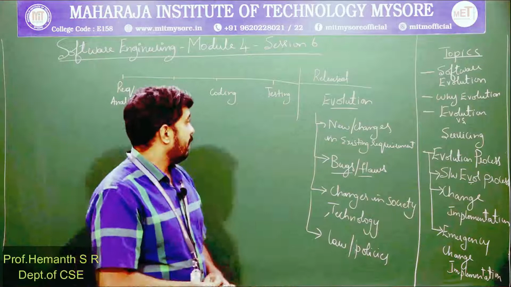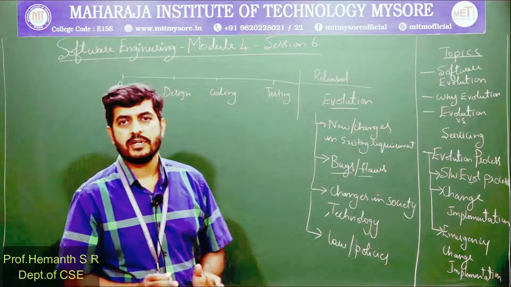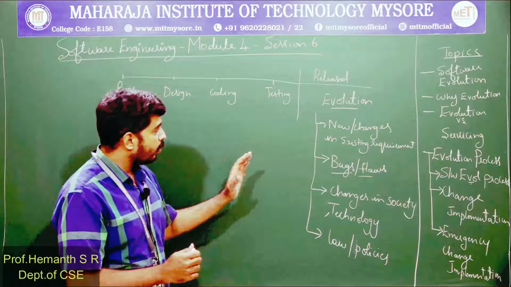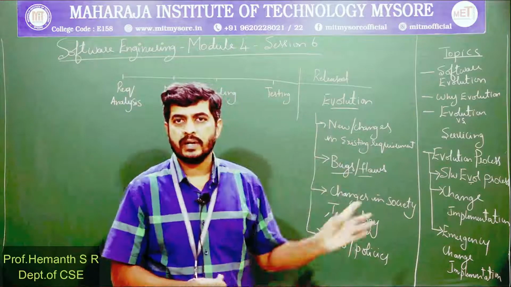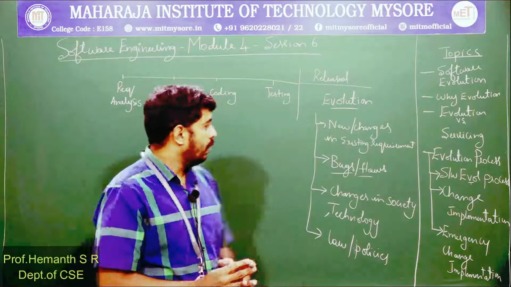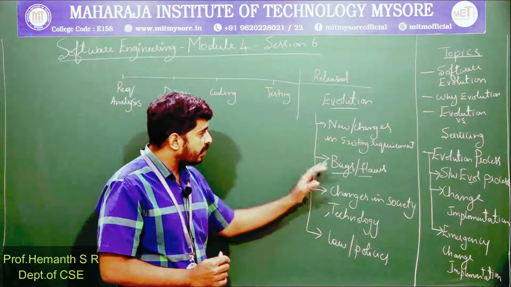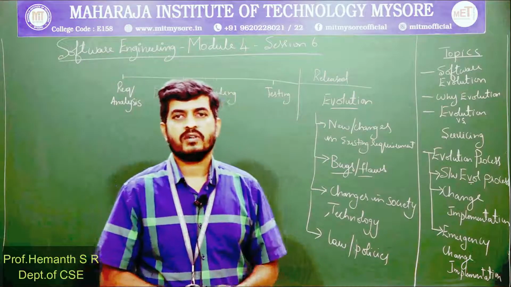Now the next question is, the software should evolve, it should improve. The question is, should the software company go with a completely new software product because of these changes that are being depicted here, or should these changes be incorporated into the existing system, the existing software that is being used by the software company?